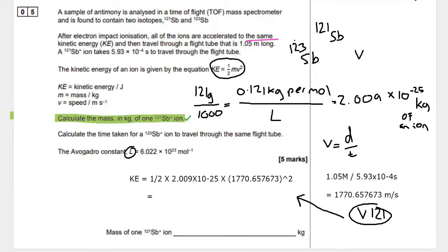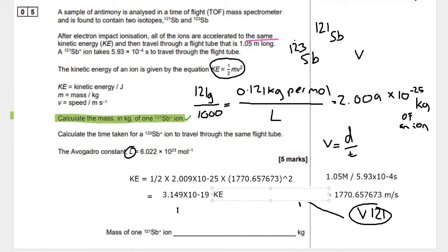So we get a kinetic energy of 3.149 times 10 to the minus 19. We could just call that 3.15, more or less. So that is our KE.